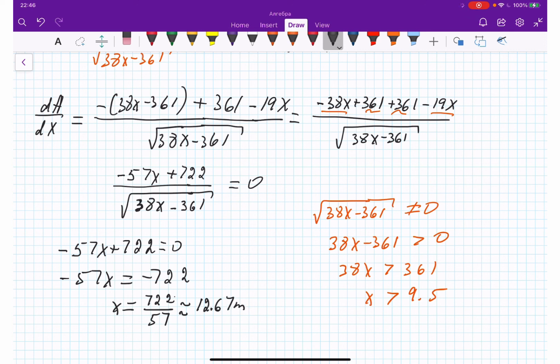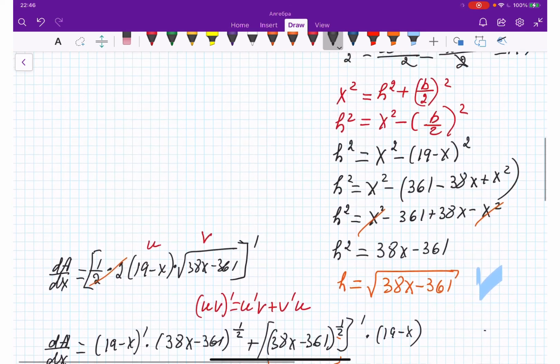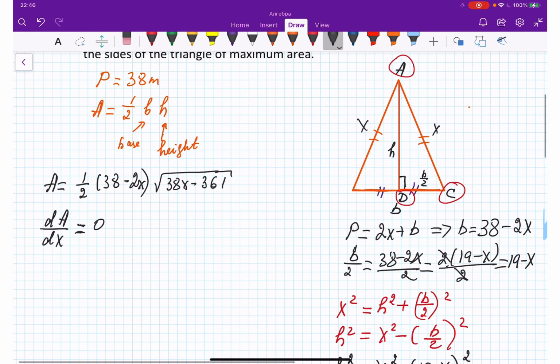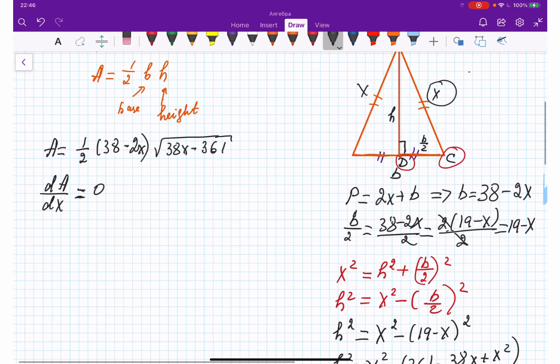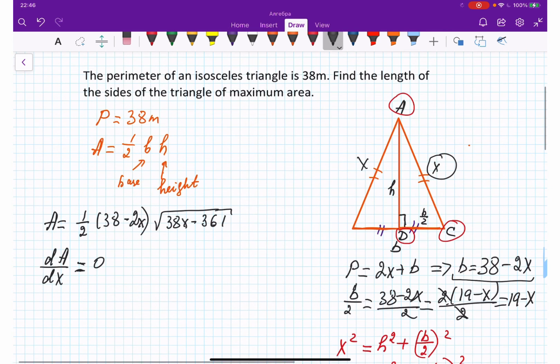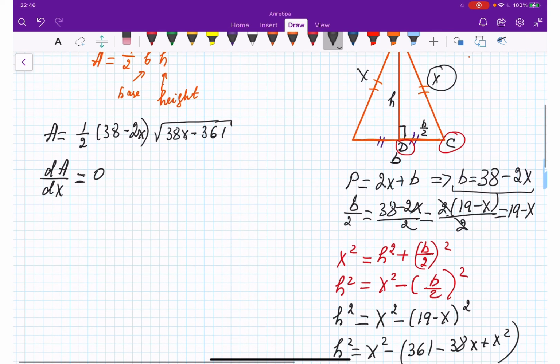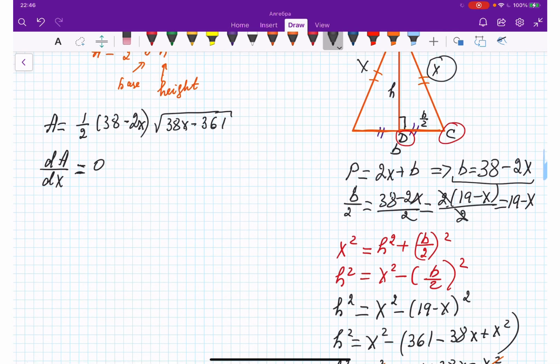Okay, so we have x. Let's go back. We know how much our x is. So once we know x, I can find out b, the base, because we need to find the sides of the triangle of the maximum area.